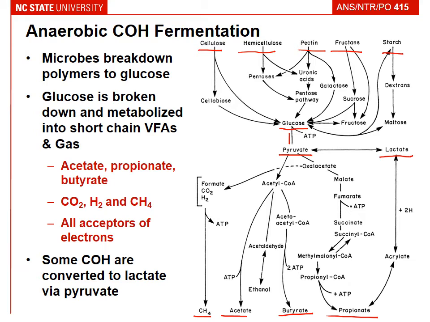And depending on the species, some of the bacteria, especially if we have a lactobacillus or whatnot, are going to be able to convert pyruvate straight to lactate or lactic acid. And notice that all of the products of microbial fermentation are acceptors of electrons.